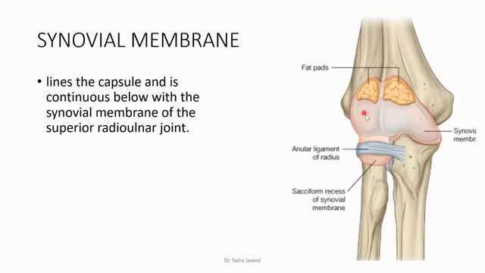So the synovial membrane lines the capsule and is continuous below with the synovial membrane of the proximal radioulnar joint, as you can see here.